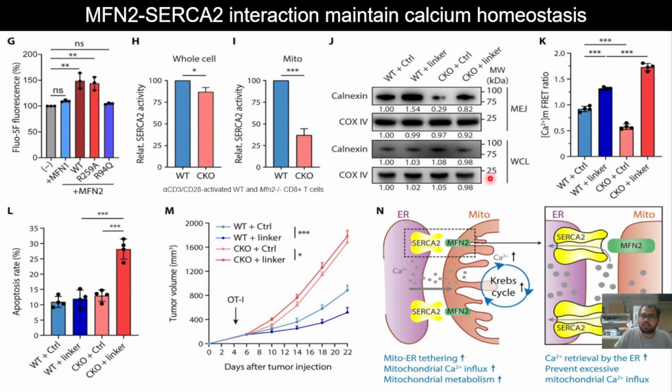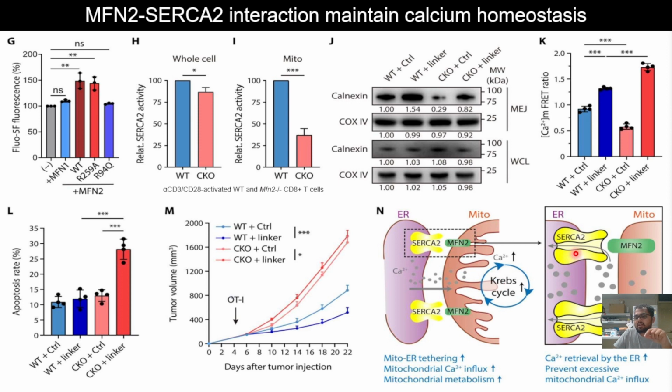For example, in the cartoon they show that when SERCA2 and MFN2 are interacting, calcium is going more into the mitochondria. When more calcium goes inside the mitochondria, since the mitochondria and the ER are close together, there will be more transport of calcium from the ER to the mitochondria.